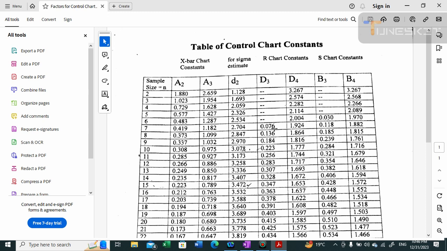So it starts with the 7th observation. Also, the D4 factor value for 4 observations taken as a sample size each day is 2.282. Similarly, if we consider the A2 factor for 4 observations, that has a value 0.729.